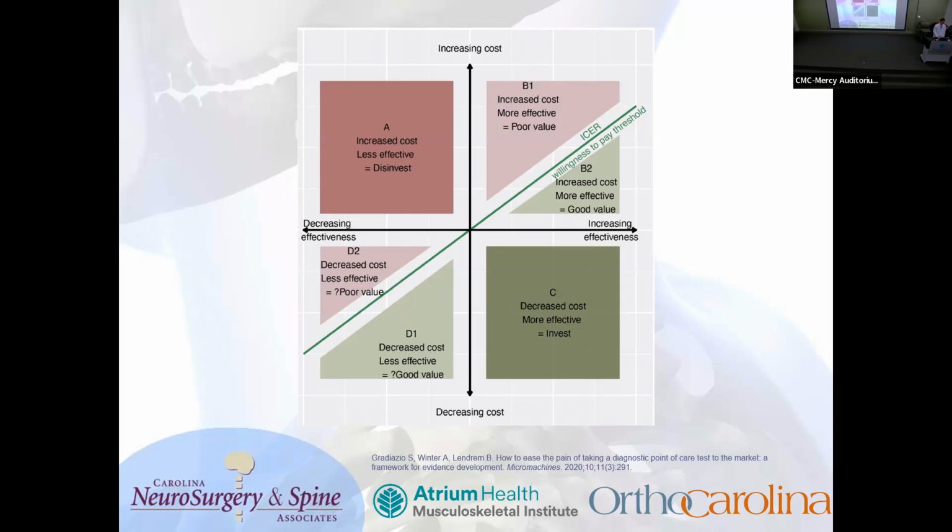The incremental cost effectiveness ratio allows us to discriminate between two interventions in the bottom left and the top right quadrants, where maybe it's more effective but there's an increased cost, or it's a little less effective but also cheaper. We can compare the ICER that we calculate to a willingness to pay threshold and figure out whether that's an intervention we should be using.